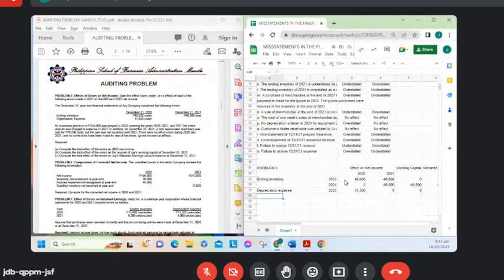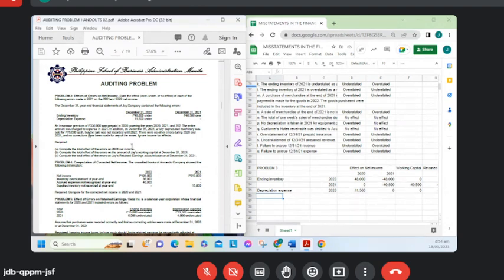Okay? So let's read the additional information provided. So it says here that an insurance premium of 330,000 was prepaid in 2020, covering the periods of 2020, 2021, and 2022. The entire amount was charged to expense in 2021.